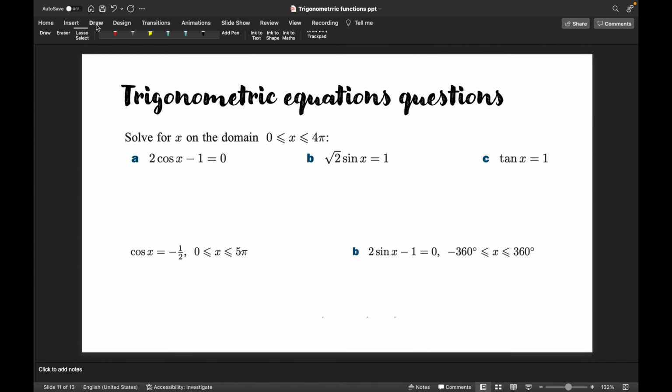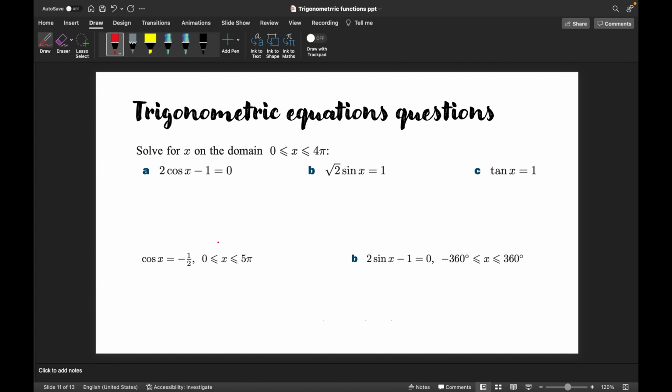Okay, now let's solve this. I'll just solve it here only. We have to solve this for the domain 0 to 5 pi. So cos inverse of minus 1 by 2 is 2 by 3 pi, and then it will be 2 pi minus that, which is 4 by 3 pi.